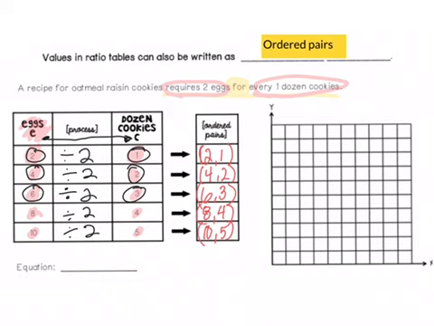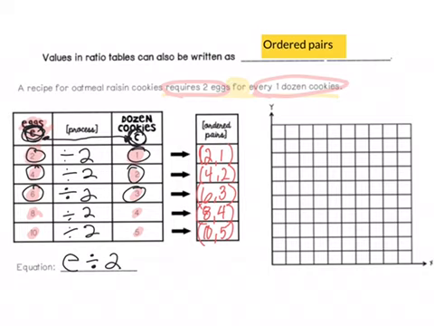All right, now we're going to move down here and look at where it says equation. Now, we've actually already figured out the equation. We're going to look at the letter E, because that represents eggs, and the letter C, which represents cookies, and we're going to make a number sentence to explain this relationship. So if we start with E, in order to get to C, we need to divide by 2.